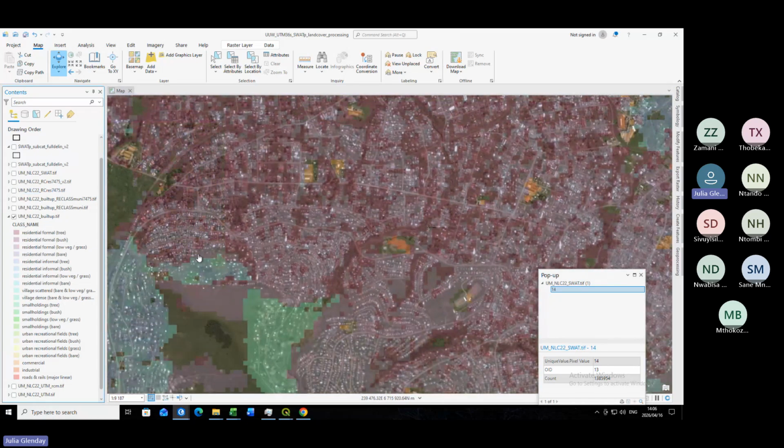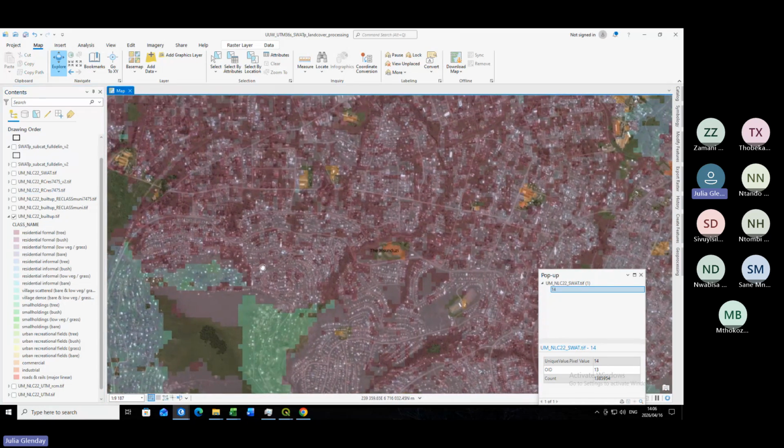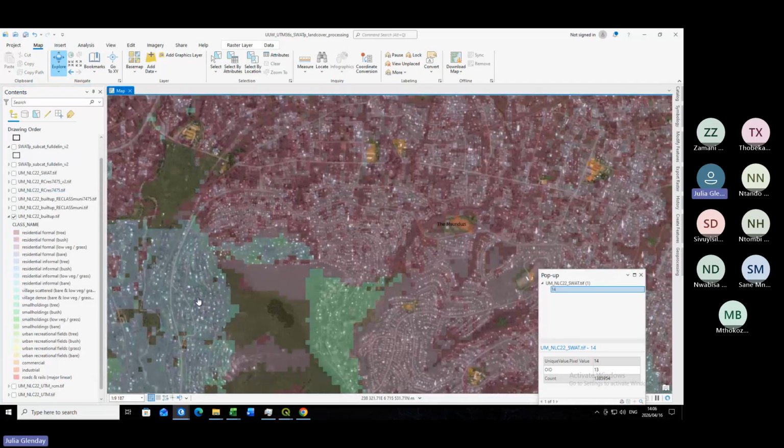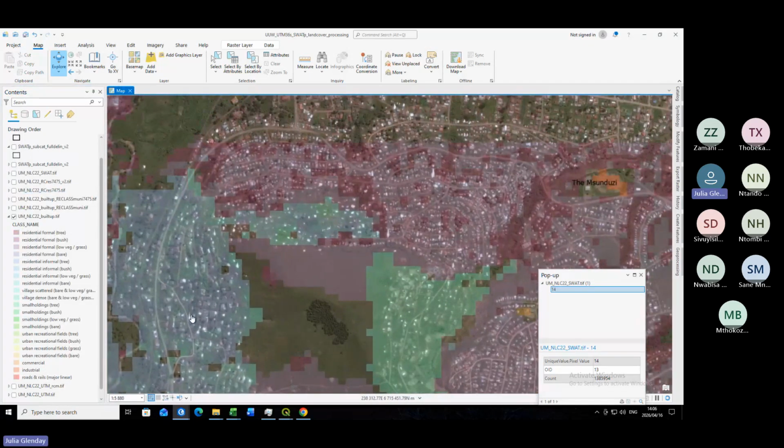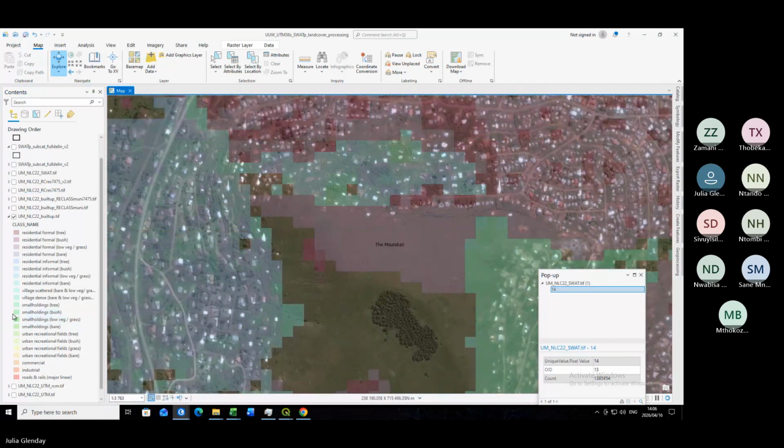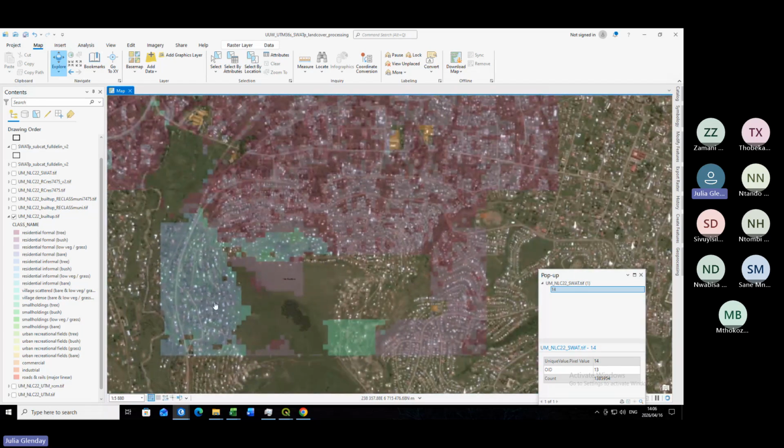But this is that same class, and now some area like this is mapped as, I think, village. This is some of the village map, and the density is not so different. It is a bit lower than what's mapped as formal, but it's not such a different density.